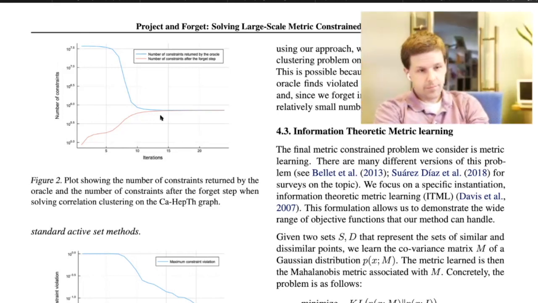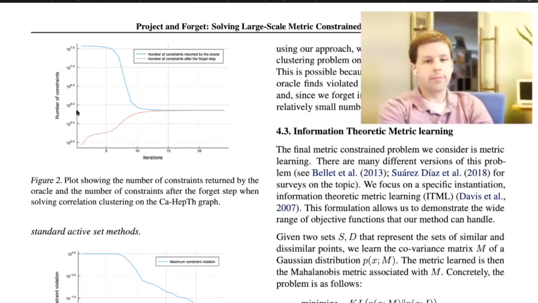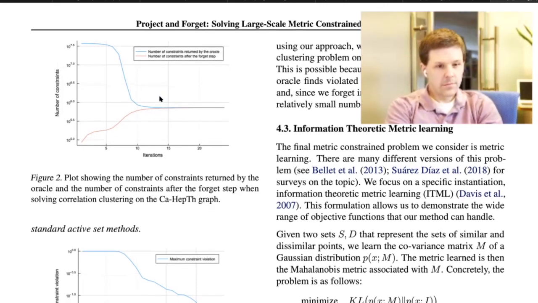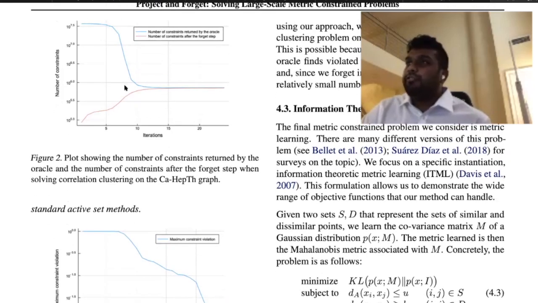And as you go through, sometime in the middle, around the 15th iteration or something, they converge to somewhere around 10 to the 5.8 or something. One interesting thing to note is it takes a while before it starts to drop.